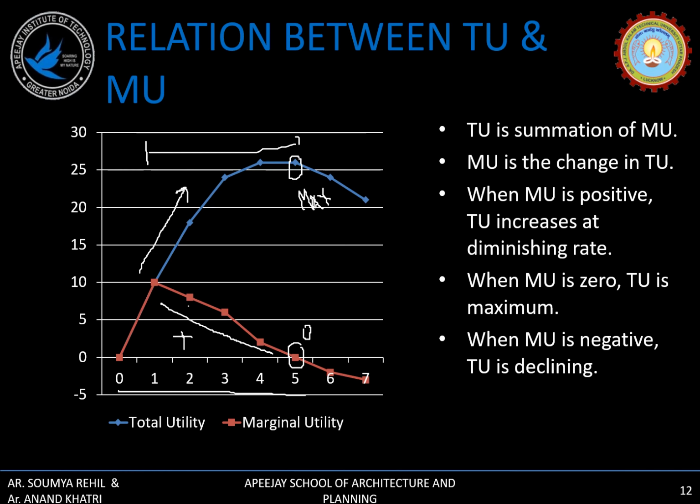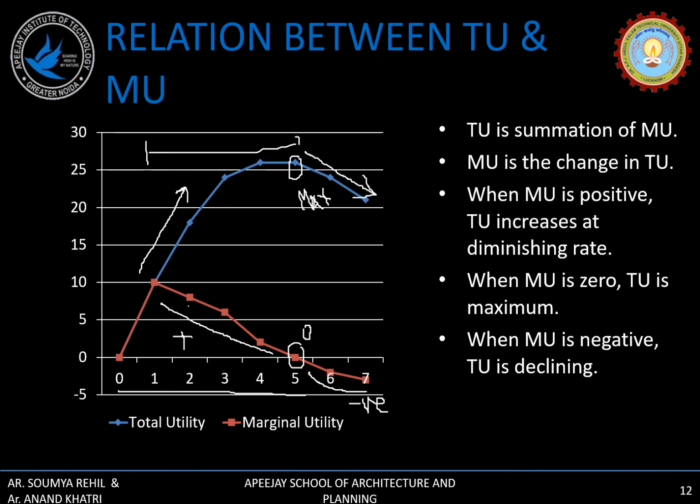And when your MU became negative, from this point to this point where it was negative, your TU started to decline.